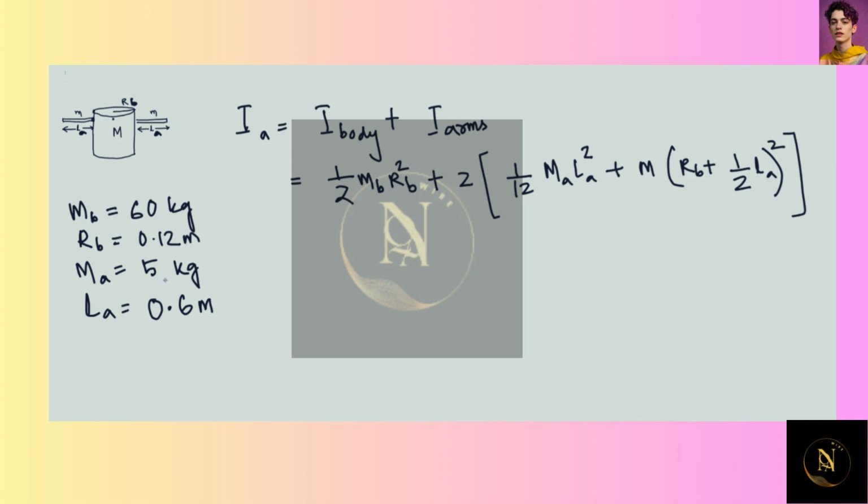Plugging these values in and solving, we get IA equal to 2.496 kg meter square.